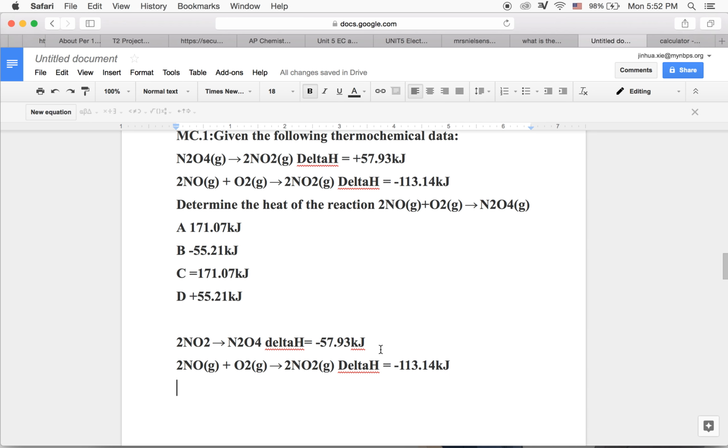And we switch this side, and we have positive now, because we need to find 2NO plus the O2 transformed to N2O4.